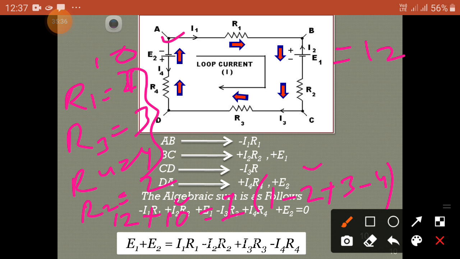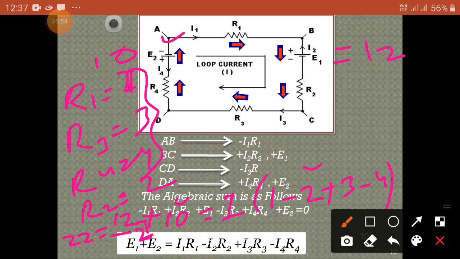What is the value? 22 is equal to 1 minus 2 plus 3 minus 4. The positive values are 1 plus 3, which is 4, and 4 gets cancelled, leaving minus 2. So we get minus 2I.